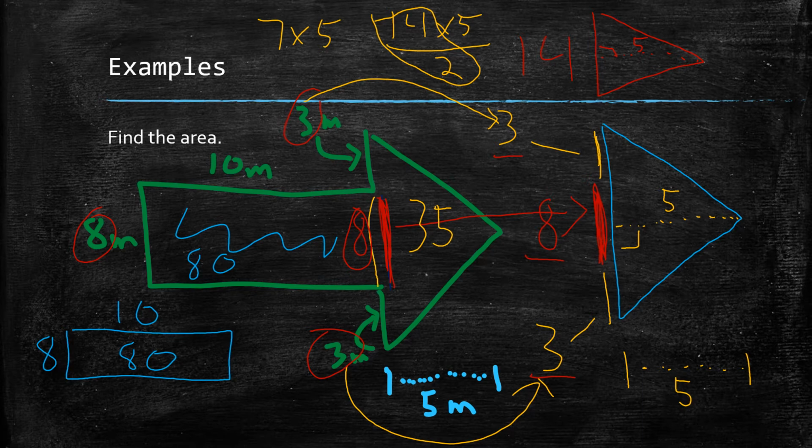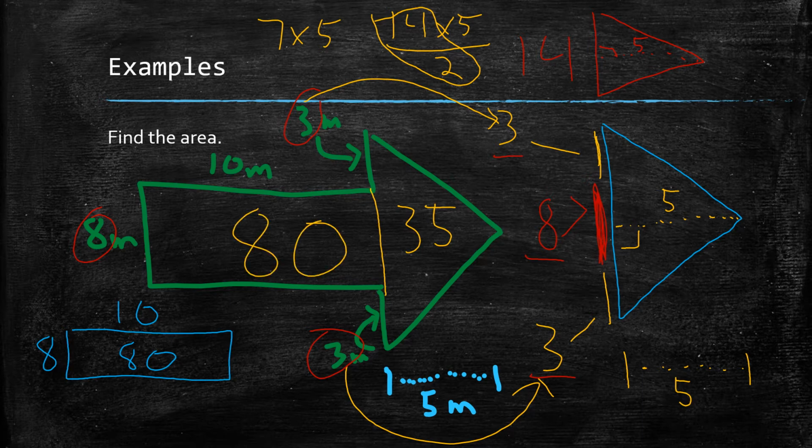Okay, so now I've got my two shapes. I'm going to clean this up just a little bit so we can see what we're doing. Inside my triangle, it was 35. The rectangle that we did was 80.